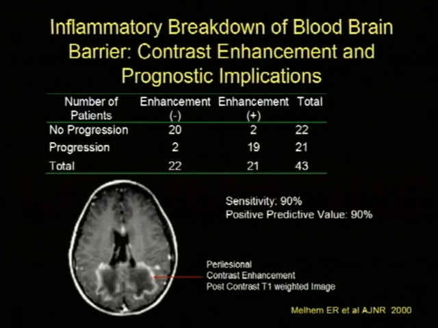Now, we have found that patients who have this enhancement, we studied a group of 22 patients, and all of those patients advanced rapidly. We then had another group of 22 patients who had some white matter abnormality but did not have the breakdown of the blood-brain barrier.